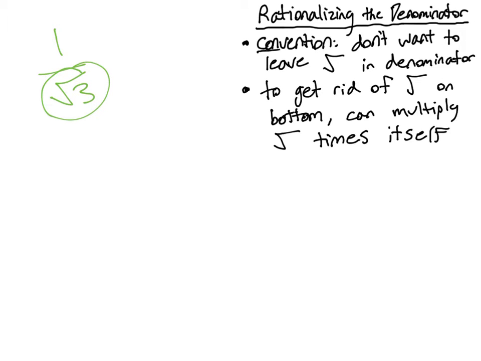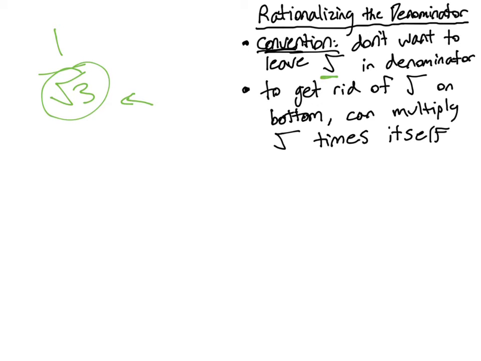So the convention, which means the common way that we do things in math, sort of like the rules of grammar are the conventions of language. Well, we have certain conventions in mathematics as well. The convention is we don't want to leave any square roots in the denominator of a fraction. So we've got to figure out a way to move this square root out of the denominator.